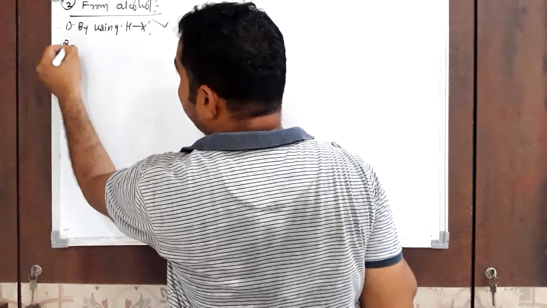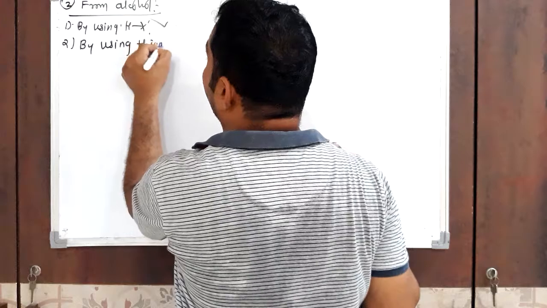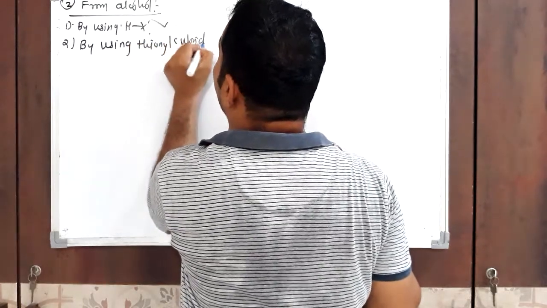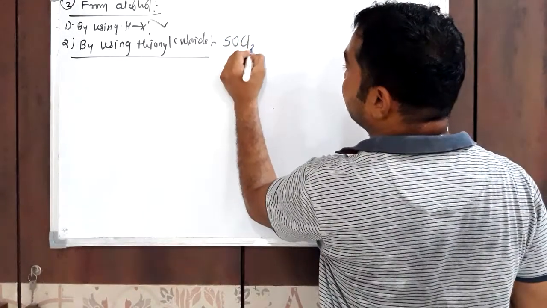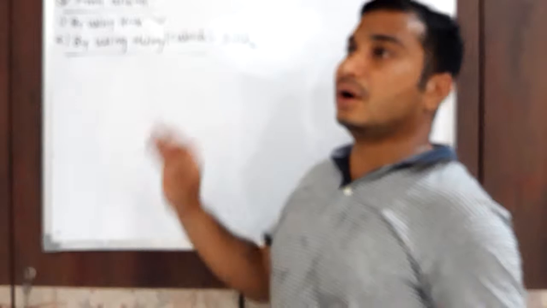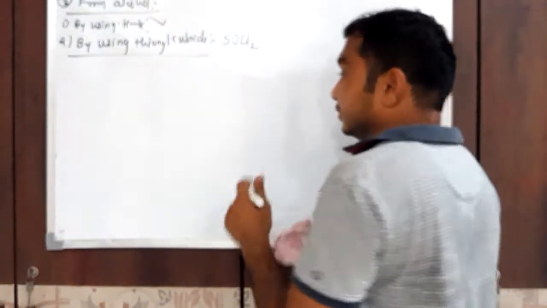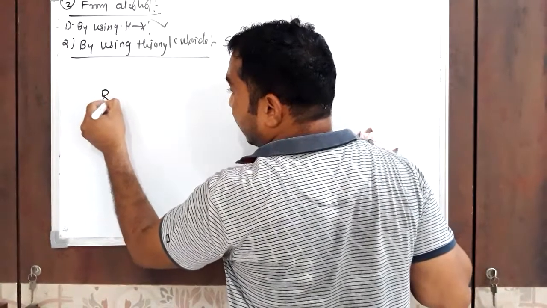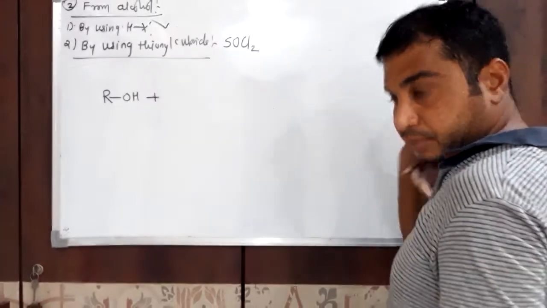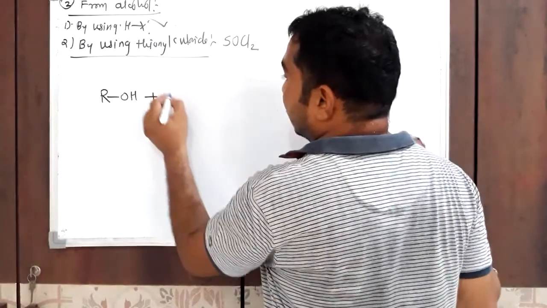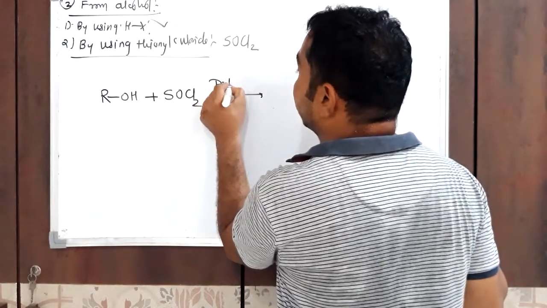Now the second is by using thionyl chloride, SOCl2. This method is only for alkyl chloride, not alkyl bromide or alkyl iodide. Here also, alcohol and thionyl chloride are distilled together. Just distillation.